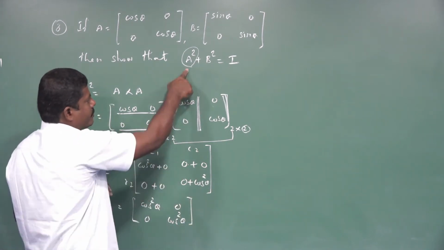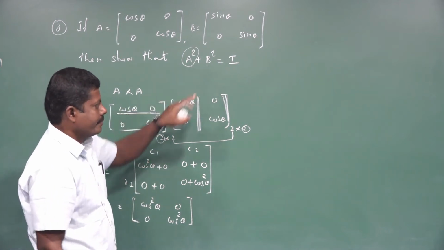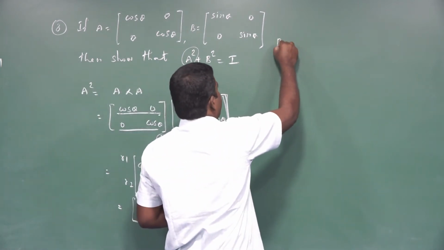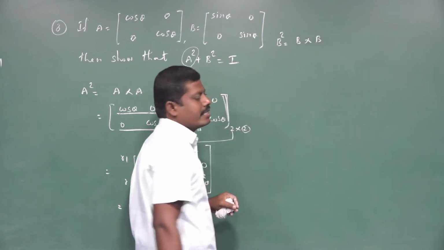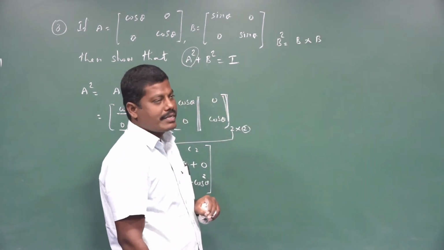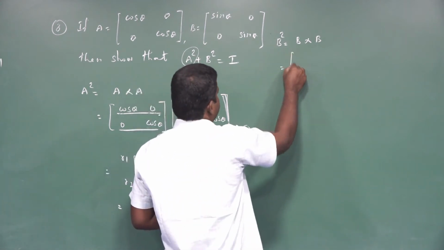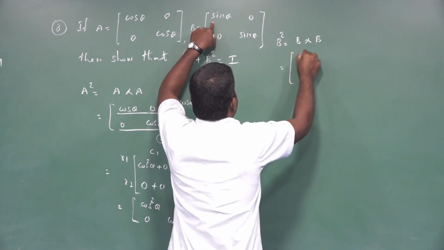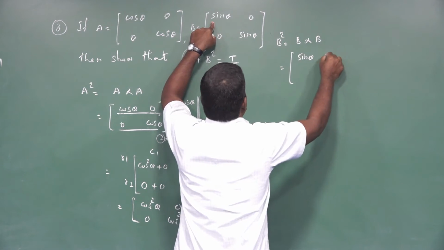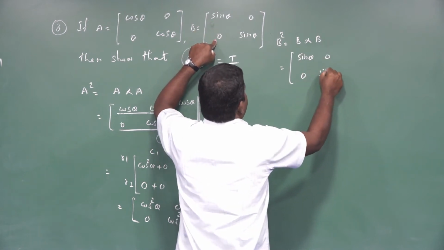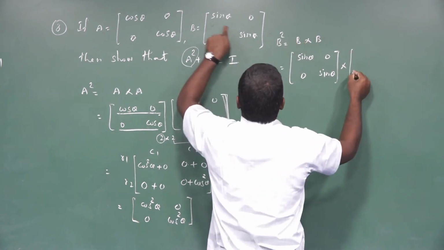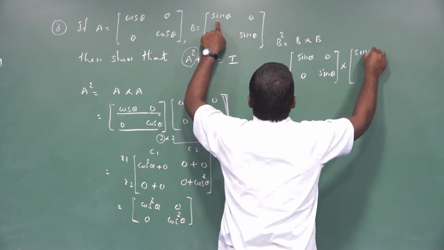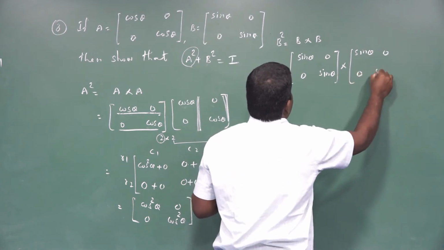This is A square. Next you find B square. B square is nothing but B multiplied by B. So take the B matrix [sin theta, 0; 0, sin theta], multiplied again by the B matrix [sin theta, 0; 0, sin theta].